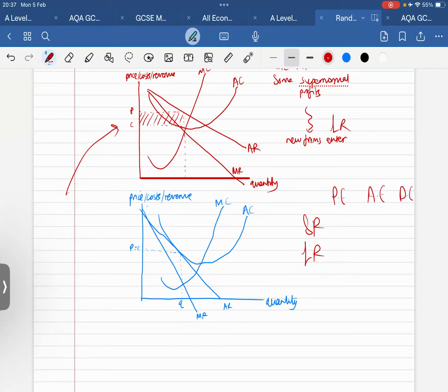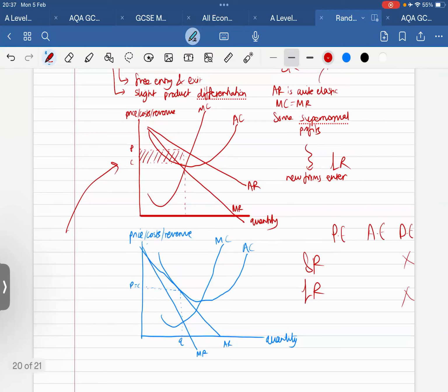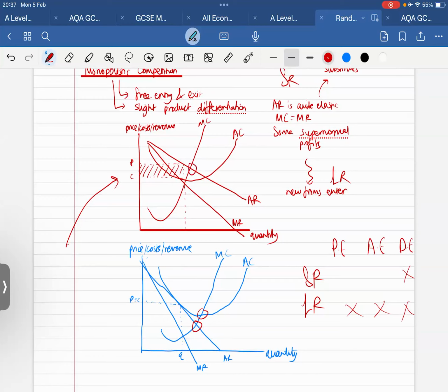Okay. Does MC equal AR? MC equals AR over here, so they're not allocatively efficient. Are they at the bottom of the AC curve? No. And in the short run, they're not either.